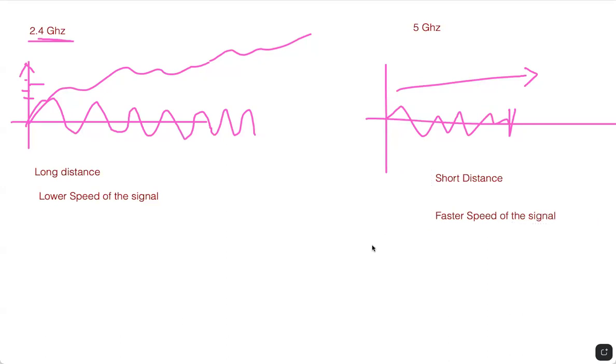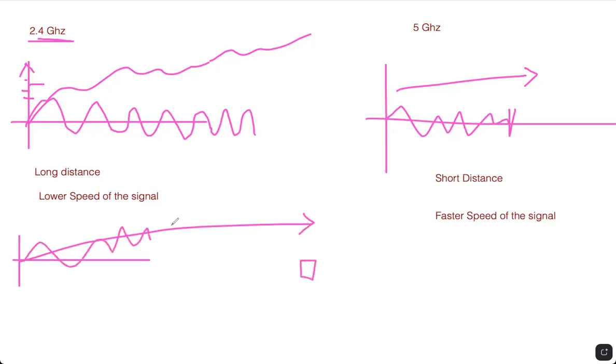Okay, so the reason for the low speed is that it can go a long distance. If someone is sitting far away, this signal will have less strength because the strength keeps on reducing. But because 5 GHz only goes till here, it can go much faster till here. So the rate at which the signal goes will be much faster compared to the longer distance.